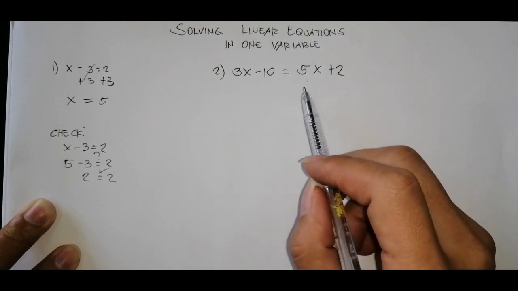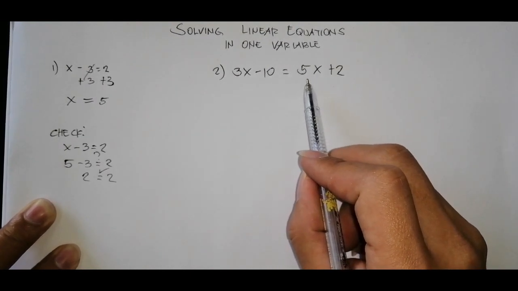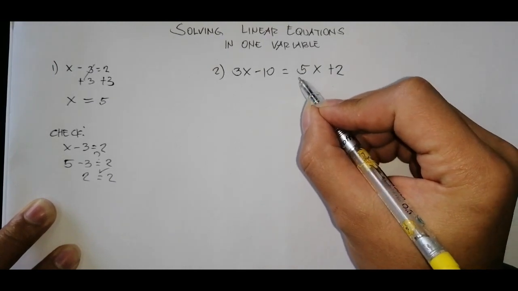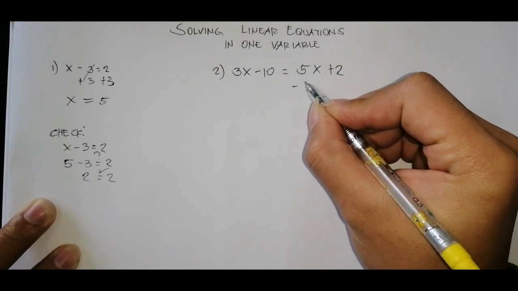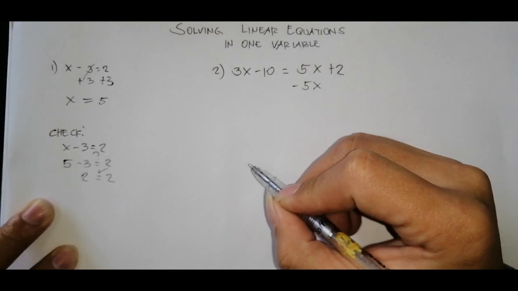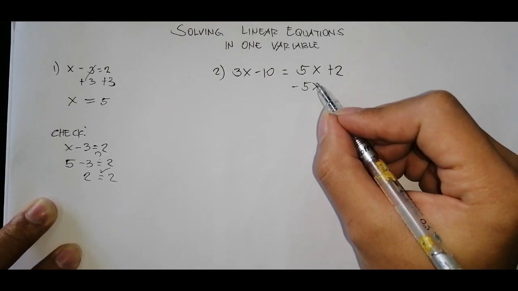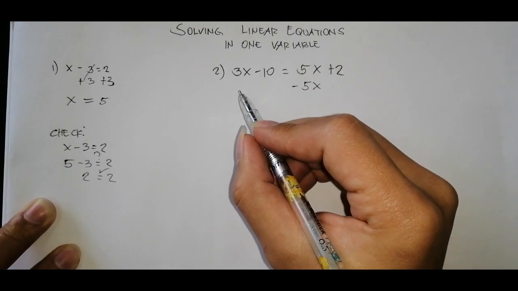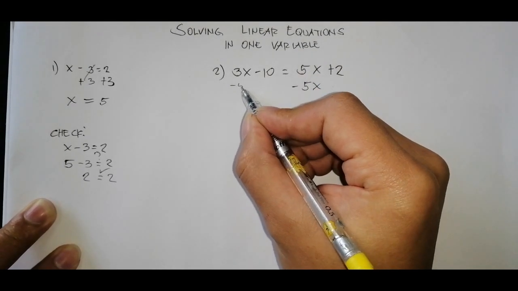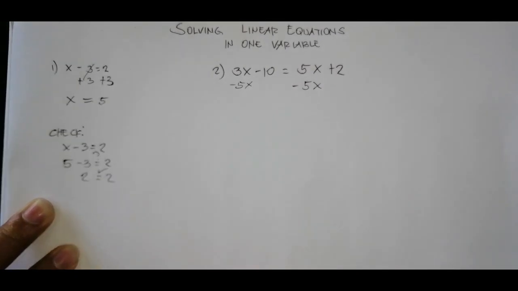For us to remove the variable on the right side, we have to subtract 5x. Since we subtract 5x on the right side, the same, we're going to subtract 5x on the left side.